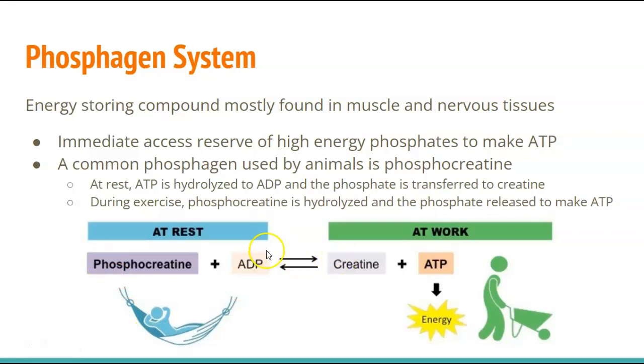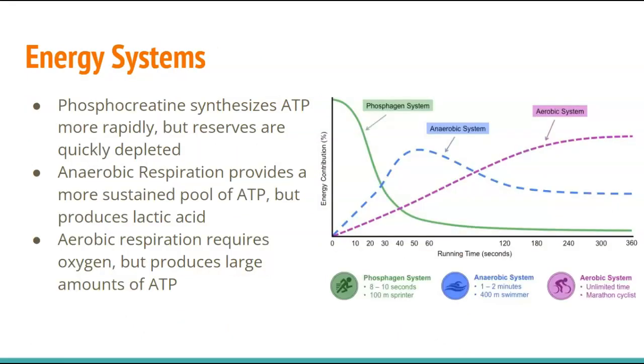Okay, you see that here, right? That phosphate is transferred to creatine, and then when you're doing exercise, the phosphocreatine is hydrolyzed, and the phosphate is released to then make ATP to be able to continue doing work. This is how we keep our high reserve so that we don't immediately run out of ATP the second we wake up from sleeping.